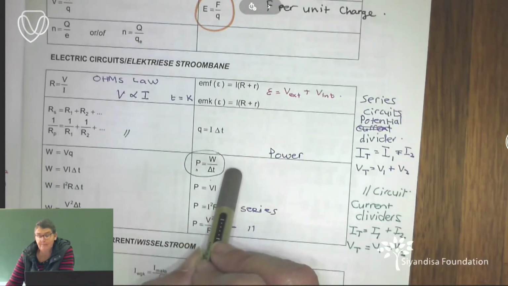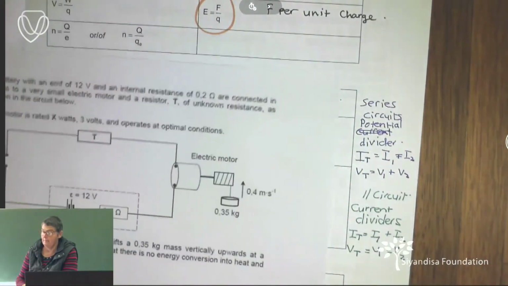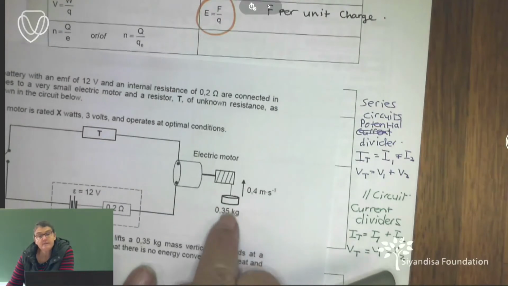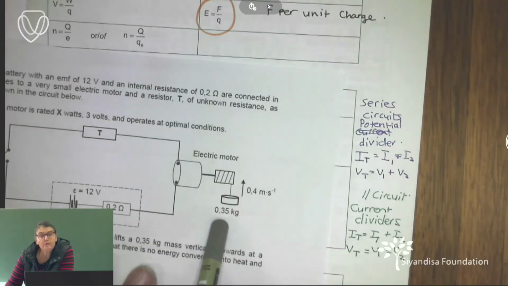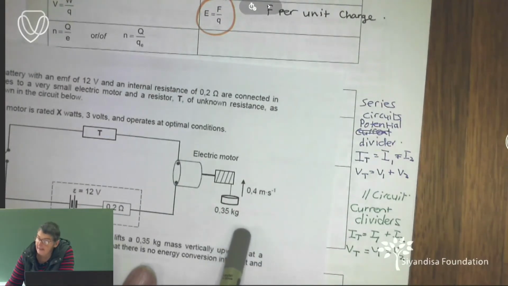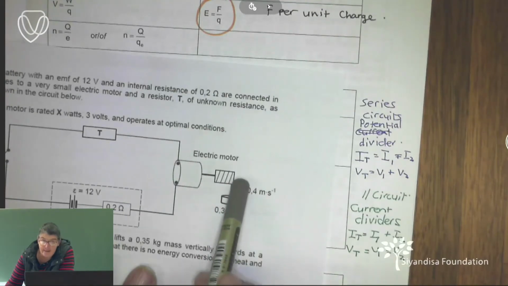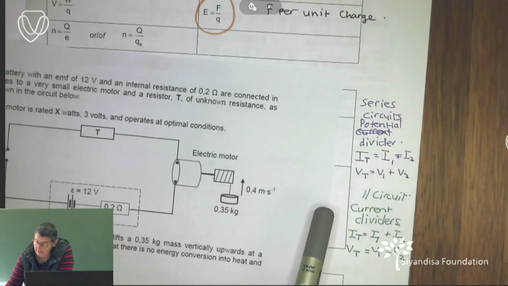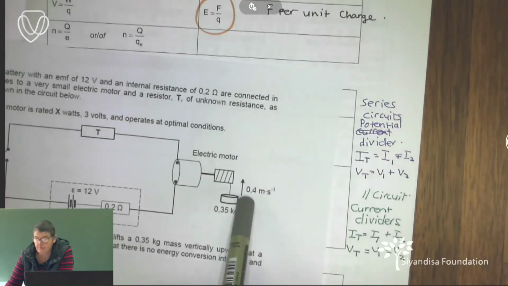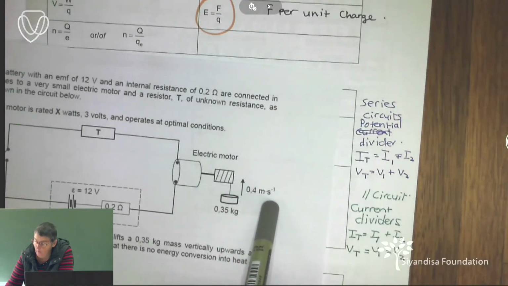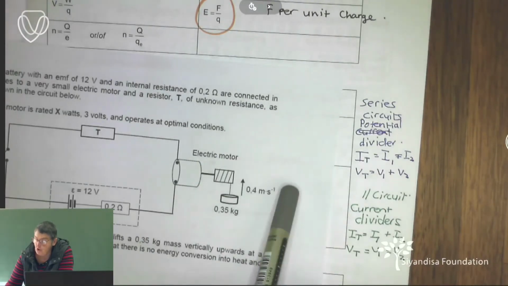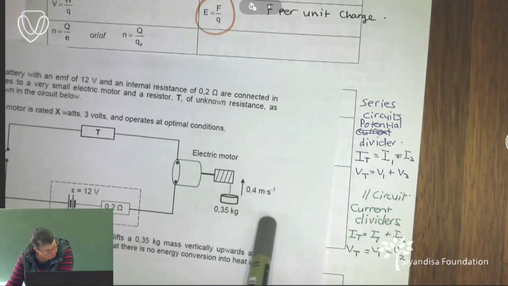And if you can remember correctly, what is happening here, this 0.32 kilogram mass is being picked up, okay? And it is being picked up at a constant speed of 0.4, and so that is what is happening over there, right?